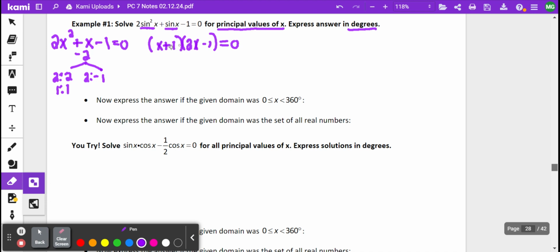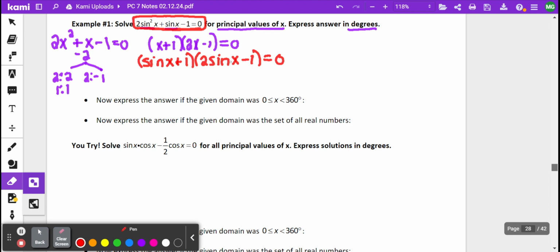So instead of writing this, going back to what we were really supposed to be solving, our equation would actually be sine of x plus 1 times 2 times the sine of x minus 1 equals 0. And I hope you see the connection between these two: sine of x plus 1, 2 sine of x minus 1.